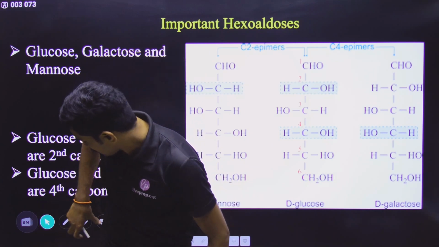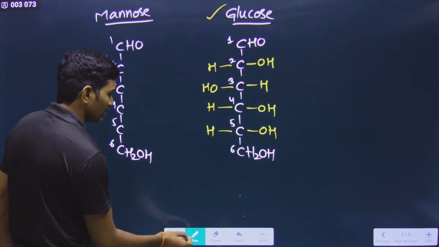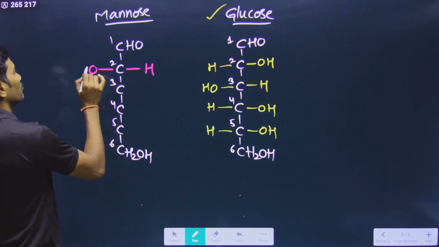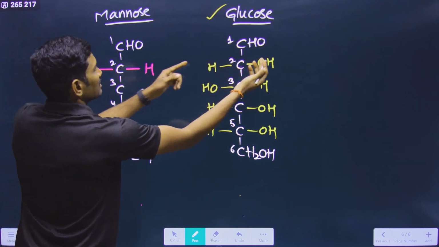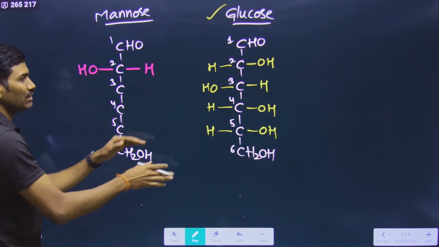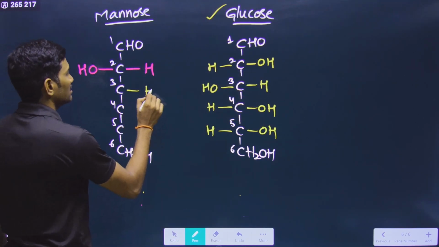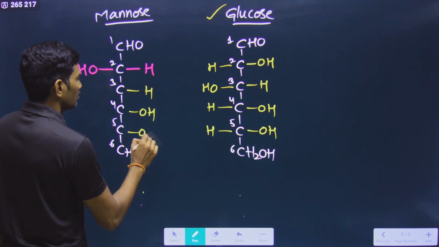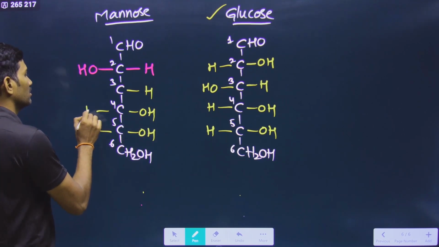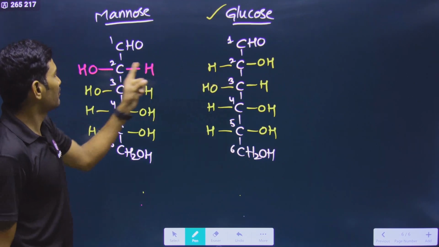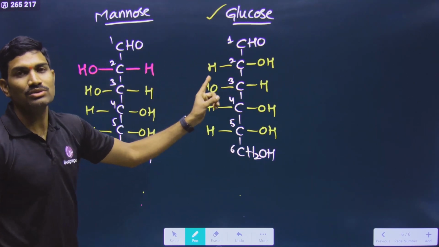So please observe this carefully. At the second carbon, here it is H, here it is OH. It is reversed here. But the remaining is as it is. That means here it is H, OH, OH, H, H and OH. I hope now you understood this. That means the difference we are observing is only with respect to the second carbon.